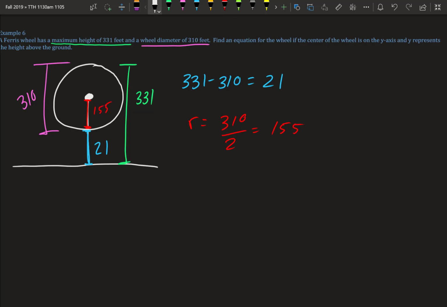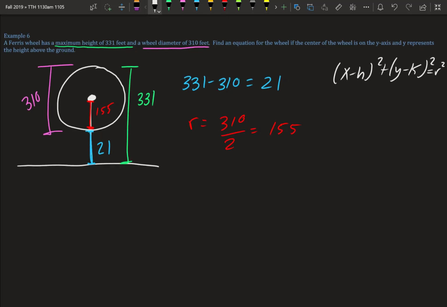So because we need to write the equation for this, we know that we're going to work with x minus h squared plus y minus k squared equals r squared. So we have r. Cool, we have r now. Now we just need h and k. You never mess with your x's and your y's. They stay x and y.